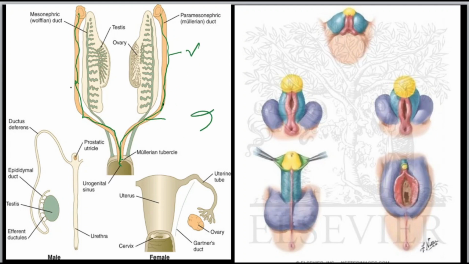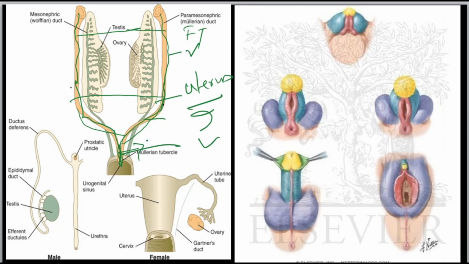Vertical, intermediate, then again vertical. These two fused to form the fallopian tube. These two and this intermediate horizontal part give rise to uterus and cervix formation, and this lower horizontal part fused to form the upper vaginal part.